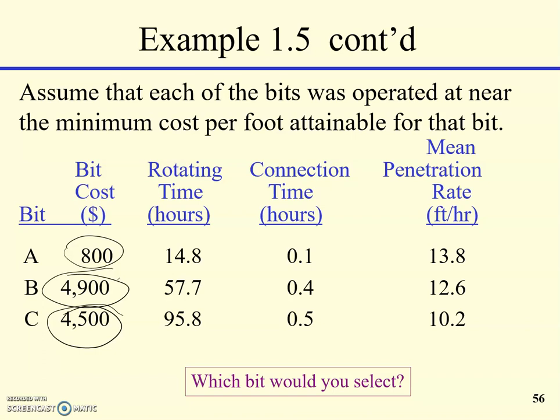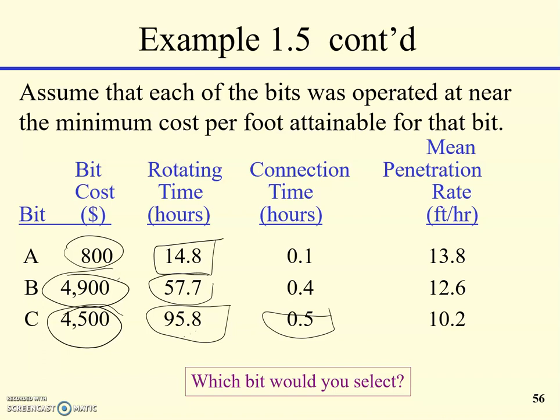Now we have a rotating time. You can see that for drill bit A it is 14 hours, B is 57, and C is 95 hours. So you can see that drill bit C is lower cost but has a higher rotating time. It does have a higher connection time though, right?